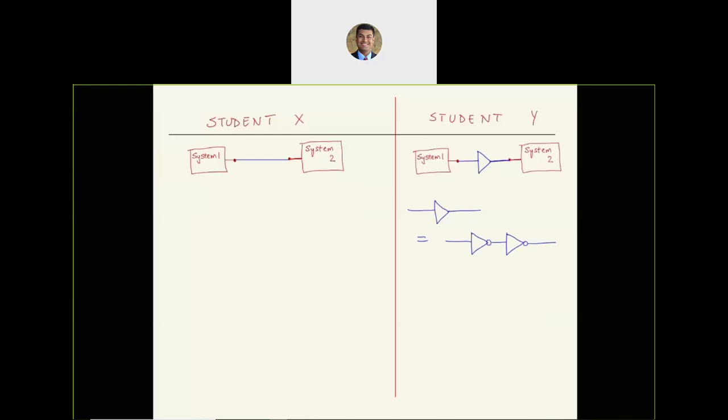So the logic level at the input gets flipped once, flipped twice, and that's essentially our buffer. We are representing that as a buffer, but in reality, it is a series of two NOT gates. So student Y's approach is using two NOT gates or a buffer. Student X's approach is just connecting a wire.